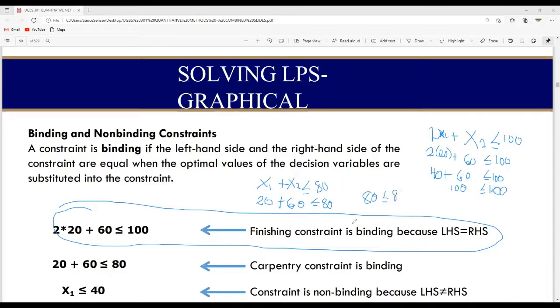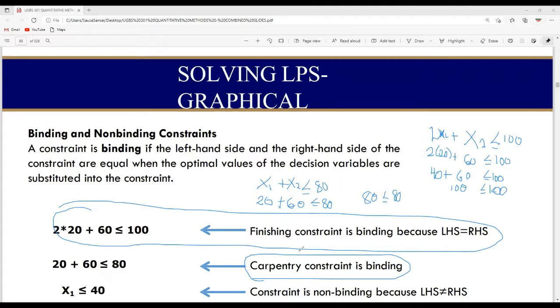It means the carpentry constraint is binding, because all the number of hours allocated to carpentry in a week was what? 80. So all of them were fully utilized. So that one is binding.